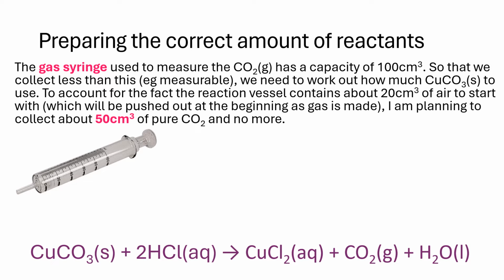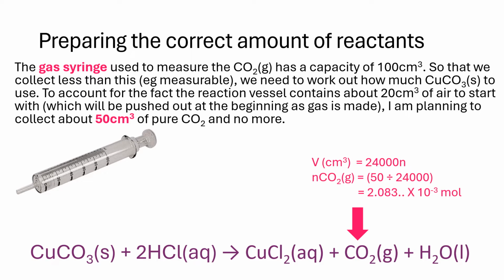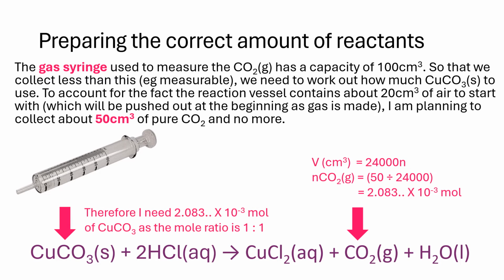So looking at our equation again, the volume of CO2 is 24,000 n if you're doing volume in centimeters cubed. So if we imagine that you've got 50 centimeters cubed you're trying to make, the moles of CO2 is going to be 50 divided by 24,000, which gives you 2.083 times 10 to the minus 3 moles.